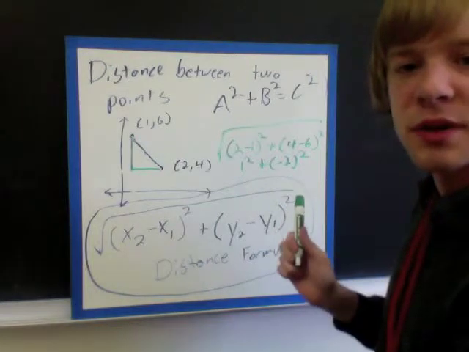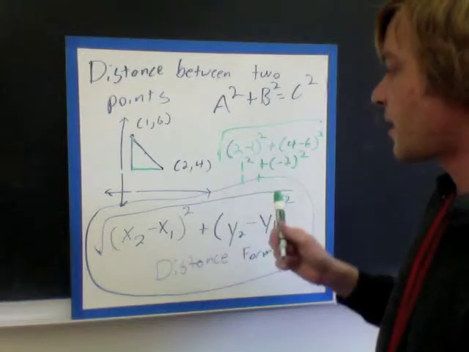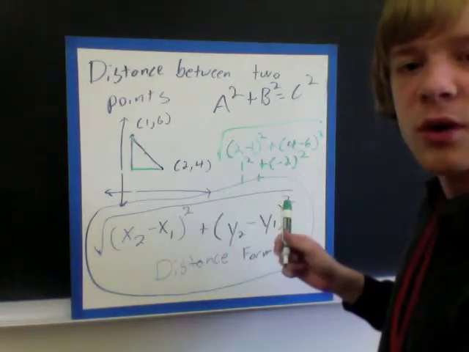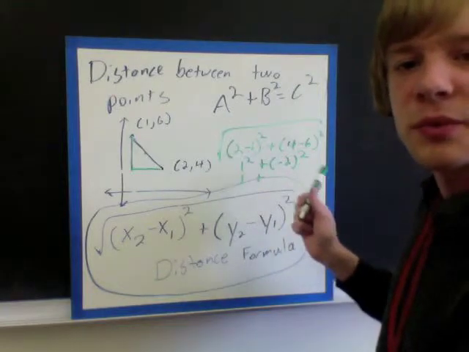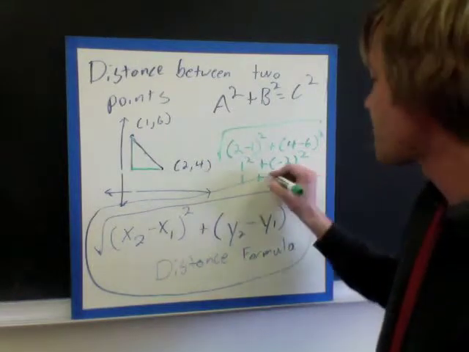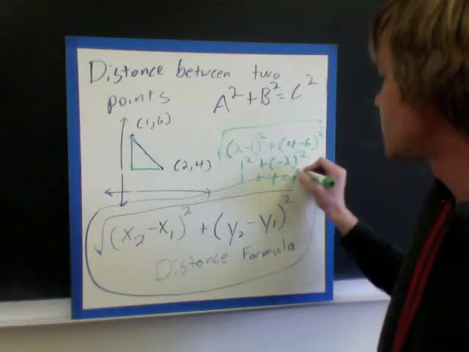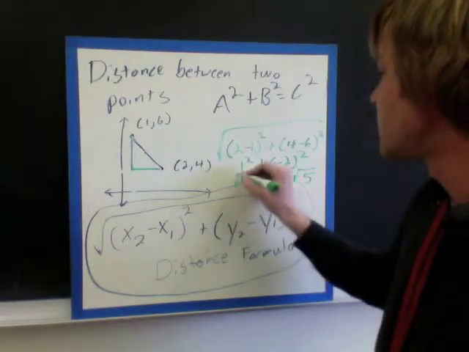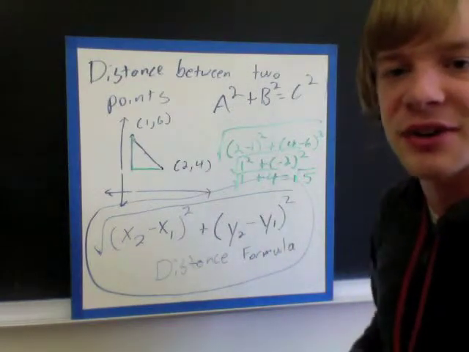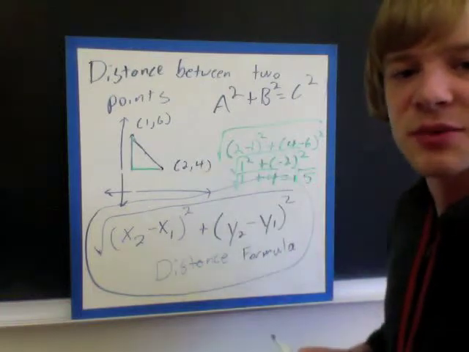Well, 1 times 1 is 1. And negative 2 times negative 2 is positive 4. We add those together, we get the square root of 5, and if you use your calculator, you'd get a big old decimal for that. But this is the general idea that we have.